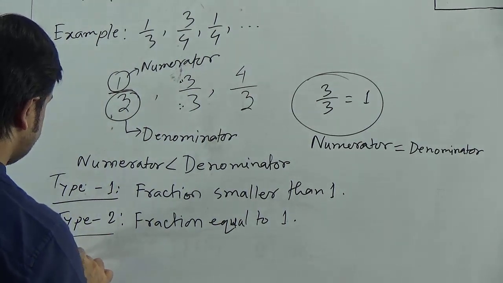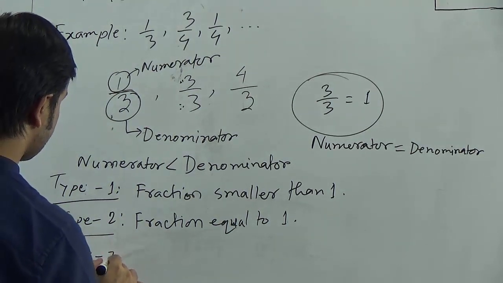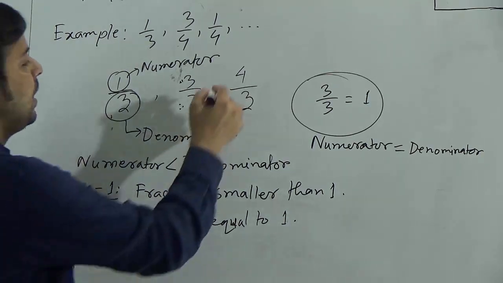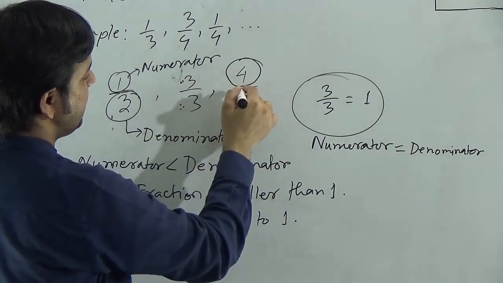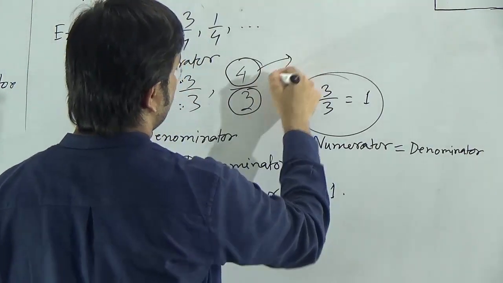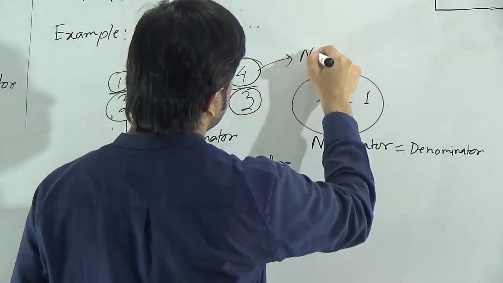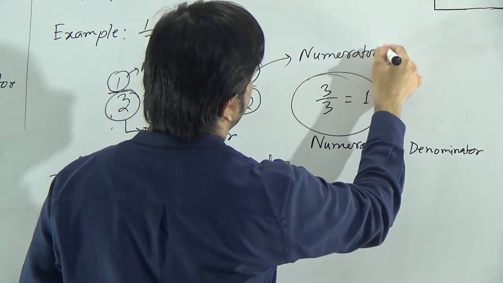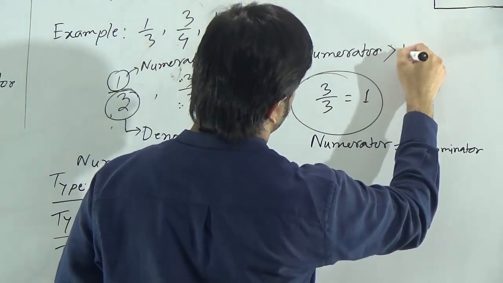Now type 3. Here the numerator is greater than the denominator.